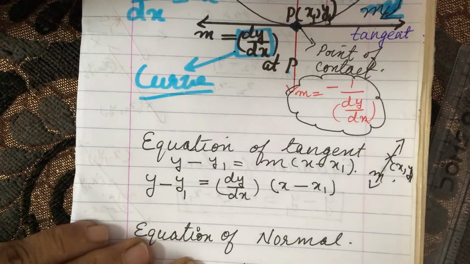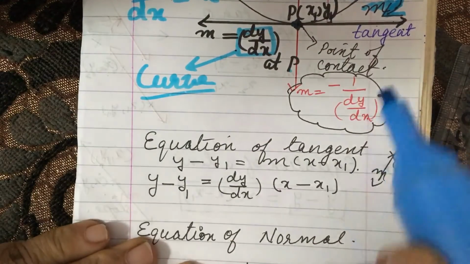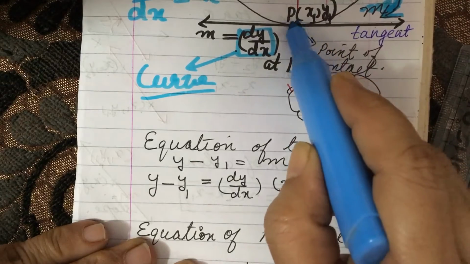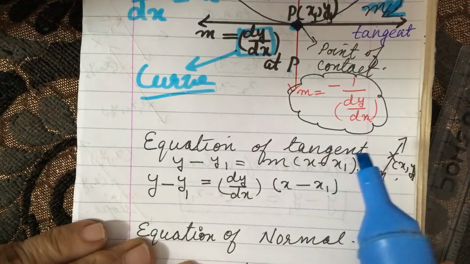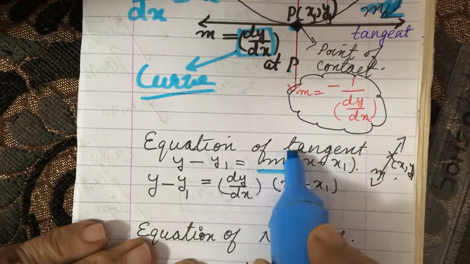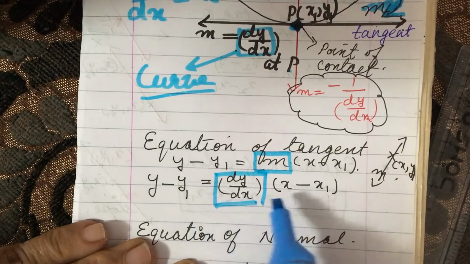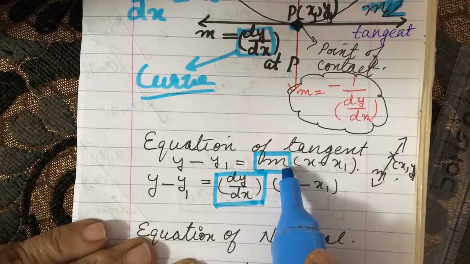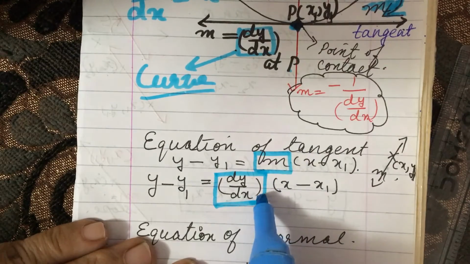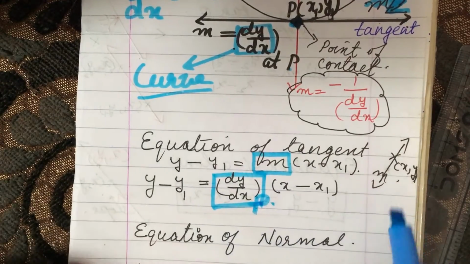So the only difference here is (x1, y1) is always taken as the point of contact, that is P, and this m is to be taken from the equation of the curve, that m is the slope of the tangent at (x, y) or at P, you can say.